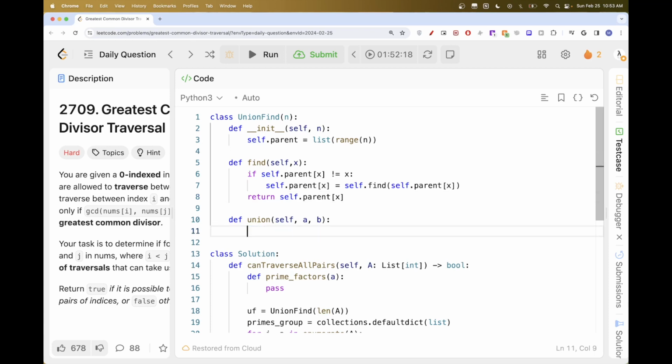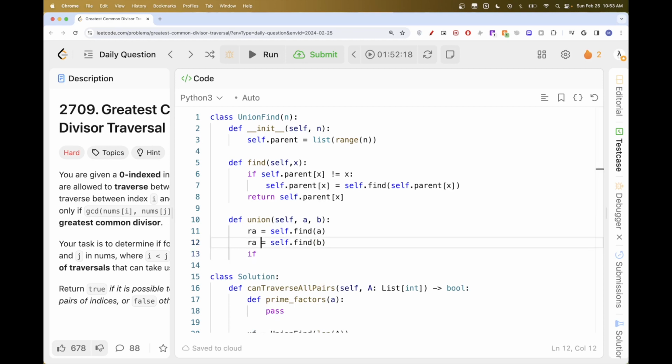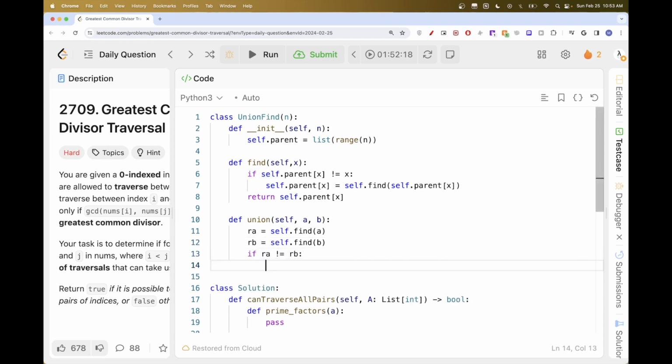Now let's do our union function. So for union, basically we want a and b to have the same root. So first let's check if they already have the same parent. We can use find, as I said. So we can check the root of a and the root of b. If they are different, then that means we need to make them have the same root.